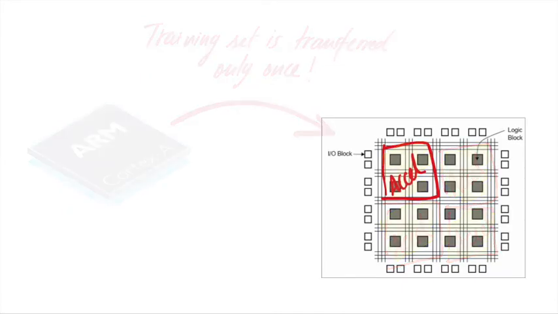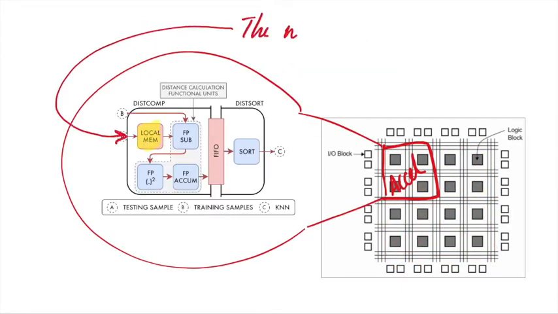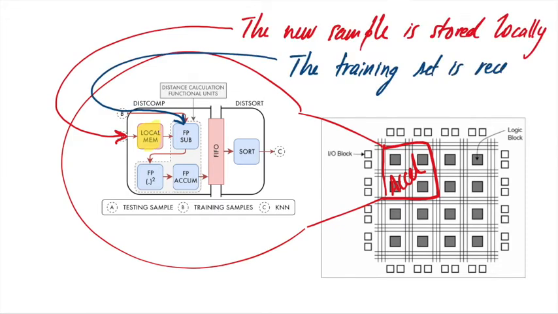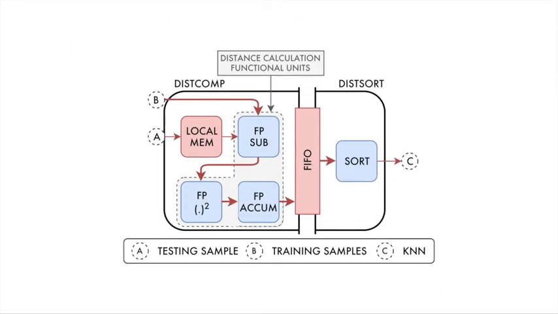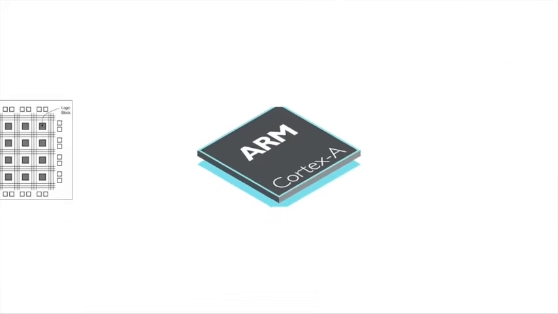Each accelerator locally stores a new sample for classification and processes an incoming stream corresponding to the KNN training set. In an earlier phase, the accelerator compares the sample with all the other samples in the training set by computing a distance metric. Then, it chooses the samples of the training set that are more like the sample being classified. Finally, based on the classes of the similar samples, the CPU assigns a class to the new sample.